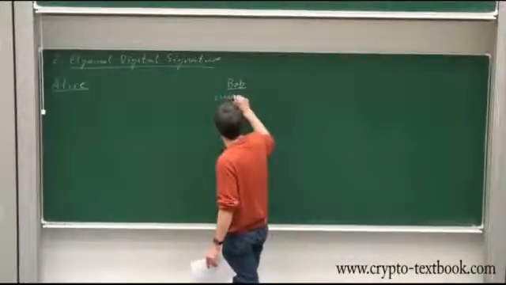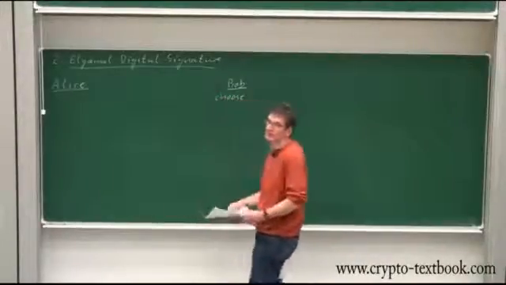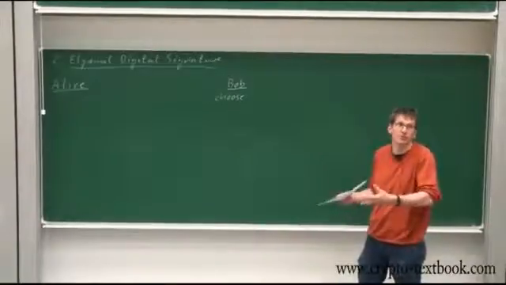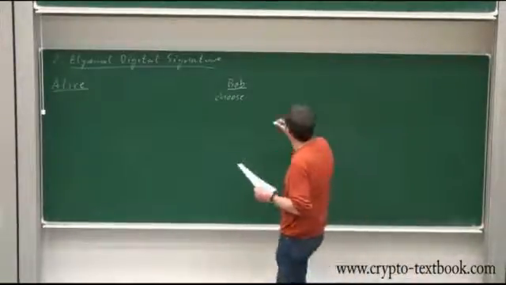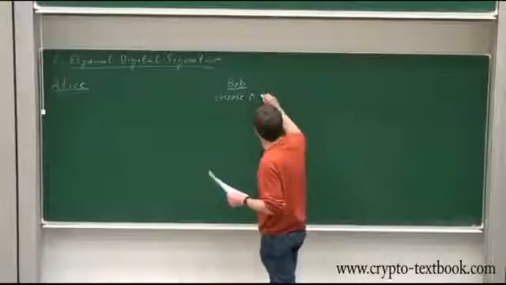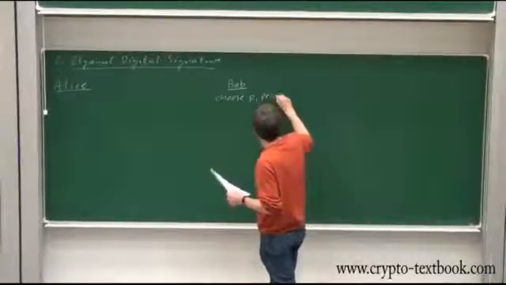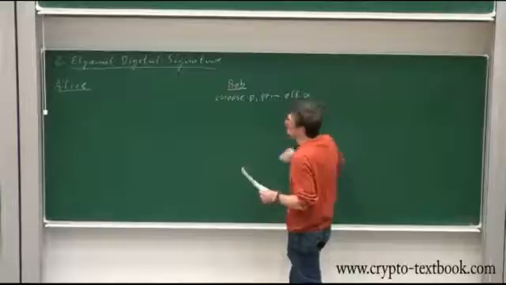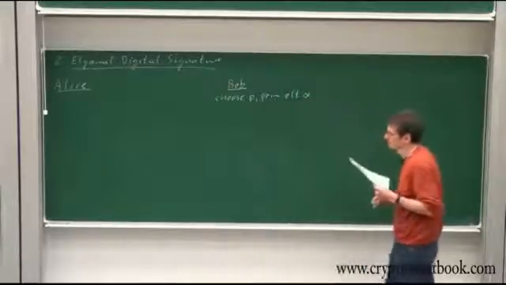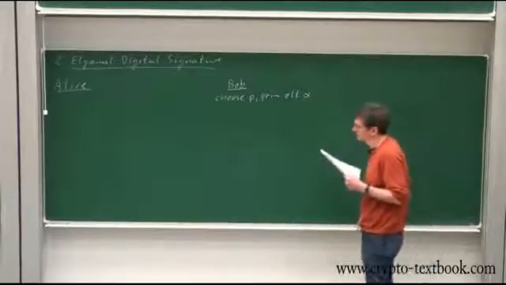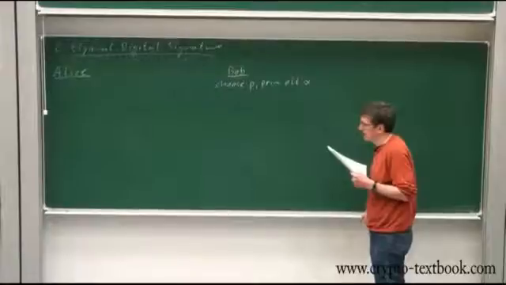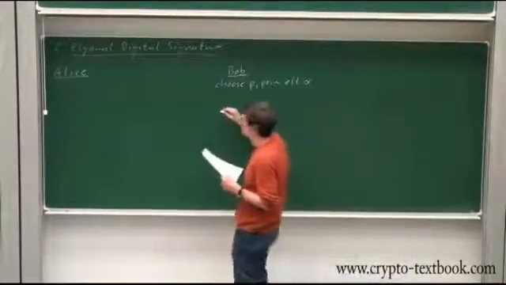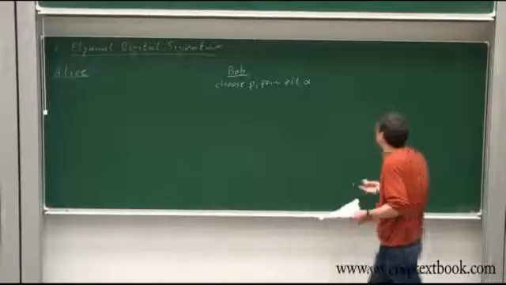It's a discrete logarithm problem, so what we always need is a cyclic group where the discrete logarithm problem lives. So we choose a large prime, we choose a primitive element alpha. And what is a discrete logarithm?